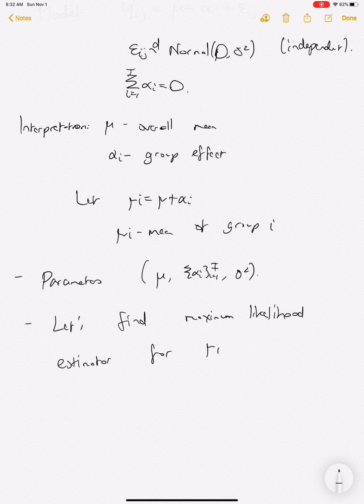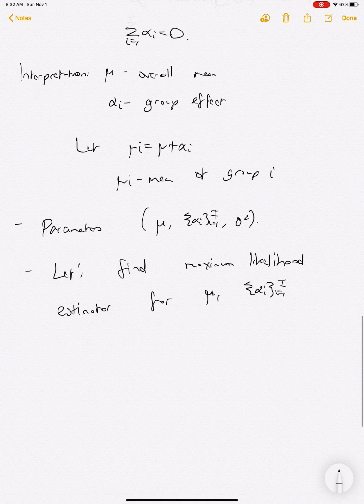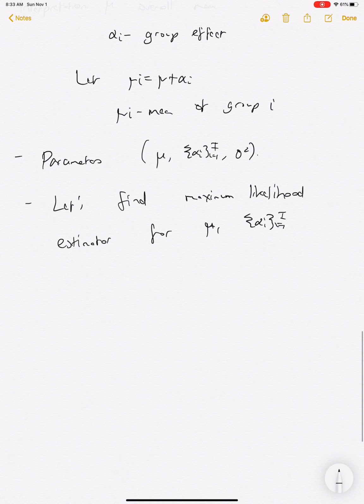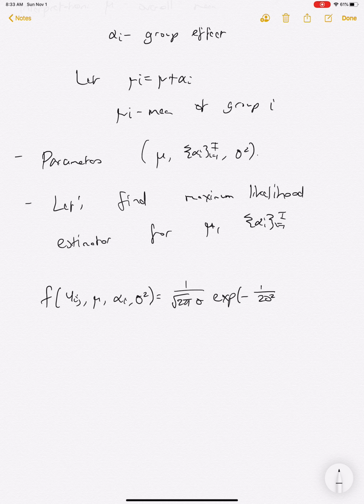What we can see is that f of y_ij as a function of the parameters mu, alpha i, and sigma squared is 1 over the square root of 2 pi sigma times the exponential of minus (y_ij minus mu minus alpha i) squared over 2 sigma squared.